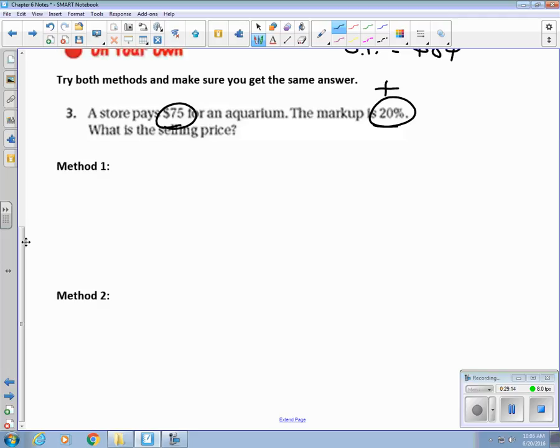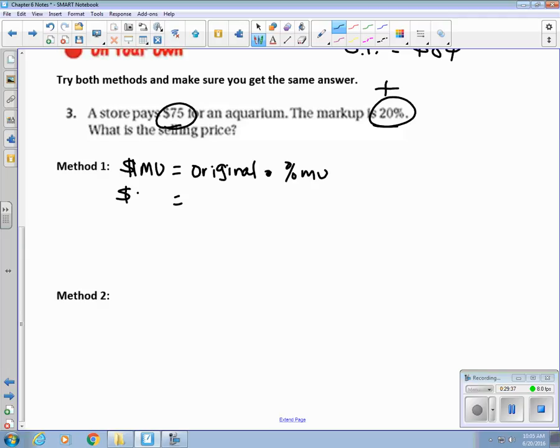All right, in method number 1, we have to find the dollar amount of markup first. Dollar amount of markup is equal to the original price times the markup percent, or the percent markup times the original. It doesn't matter which order you do these in.